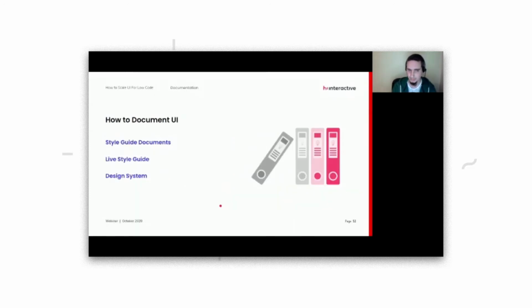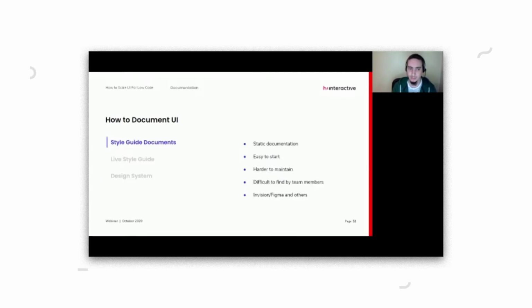So basically, there are three good ways to create documentation. You can simply have a style guide. That is the static documentation. We can say it's hard to maintain. It needs a lot of effort and knowledge to maintain, but it's also easy to start documentation.